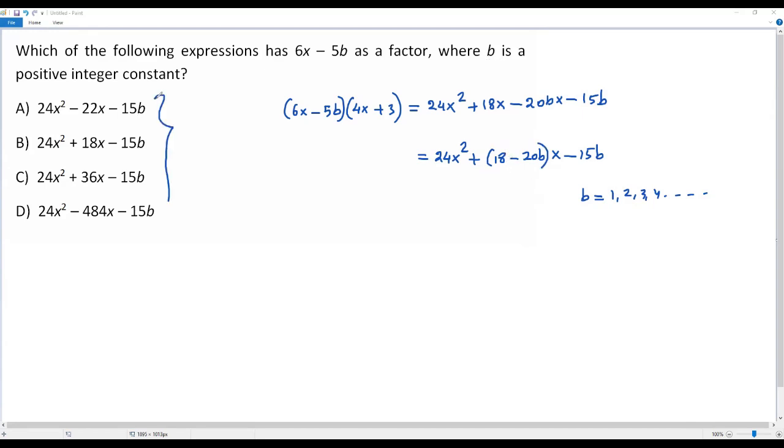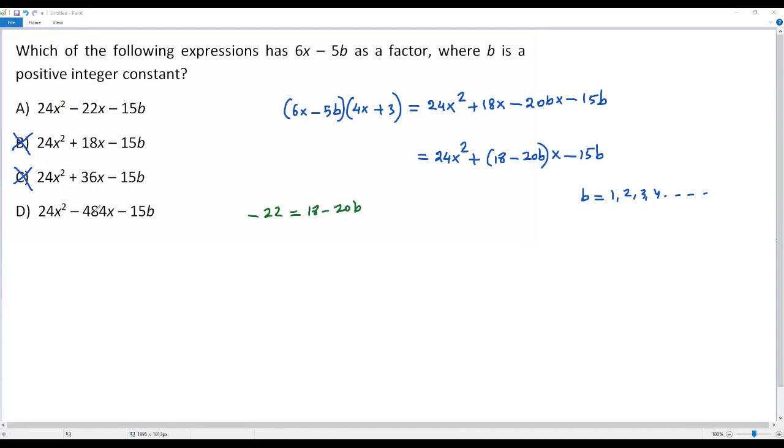When I go over the answer choices, in two answer choices we have a negative coefficient for x: answer choice A and answer choice D. We can reject answer choice B and answer choice C. Which one is correct, A or D? Now let me take the coefficient of x in answer choice A, that is negative 22, and equate it to the coefficient of x that we got over here, that is 18 negative 20b.